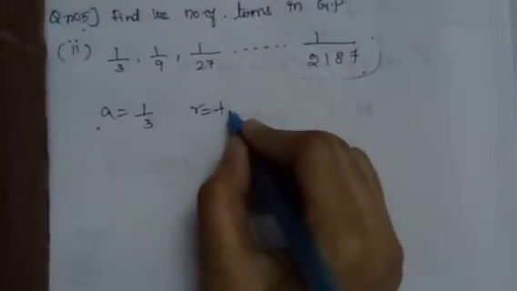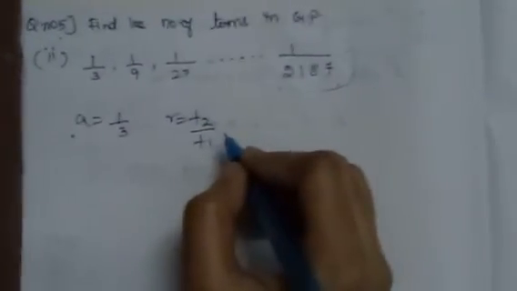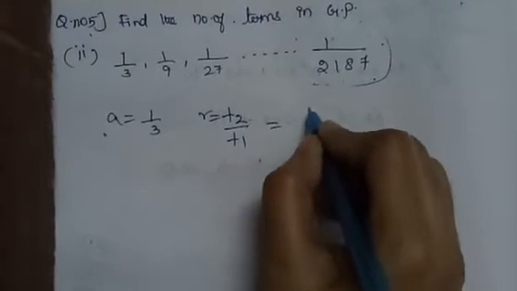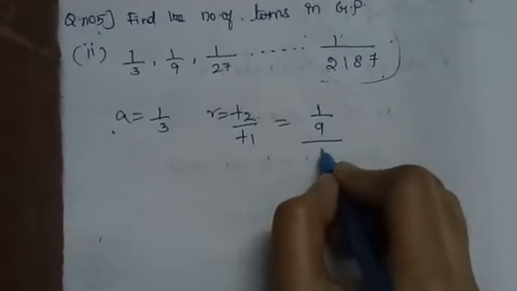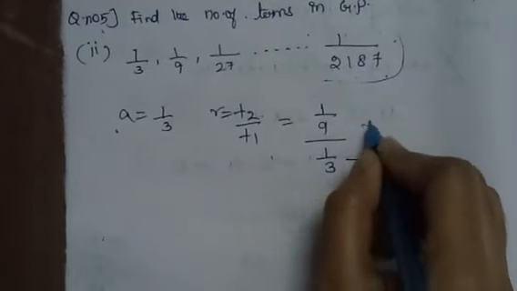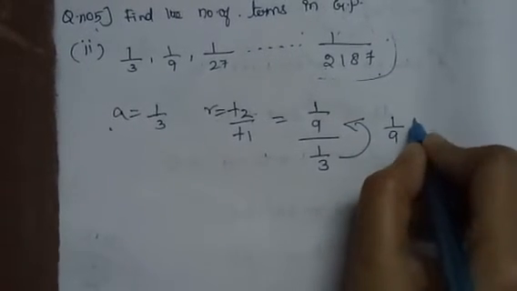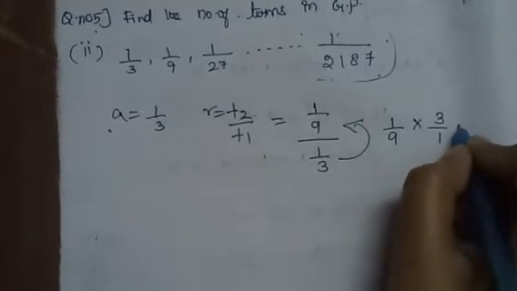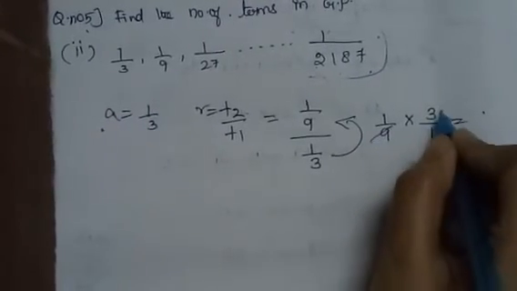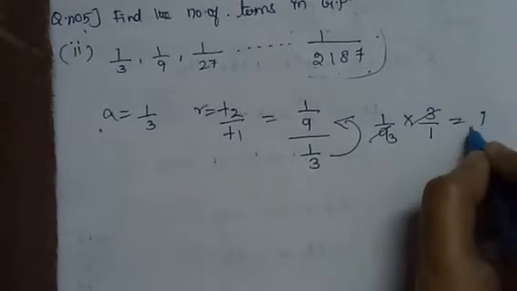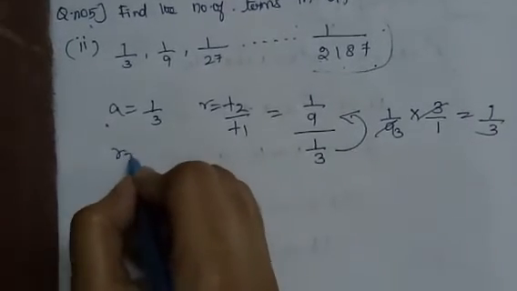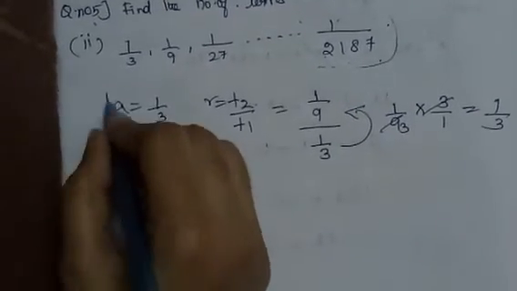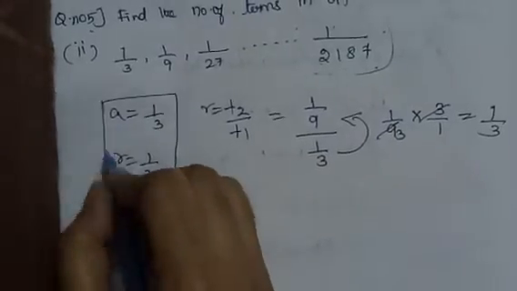T2 is nothing but 1 by 9, T1 is nothing but 1 by 3. Do the cross multiplication. 1 by 3 becomes 3 by 1. So when we cancel this, we will get 1 by 3. So the value of R is also 1 by 3 and the value of A is 1 by 3.